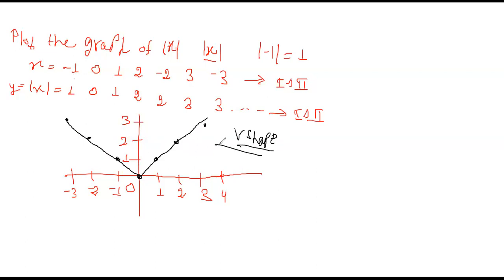Mod x will be always greater than or equal to 0, so its graph lies between first and second quadrant.